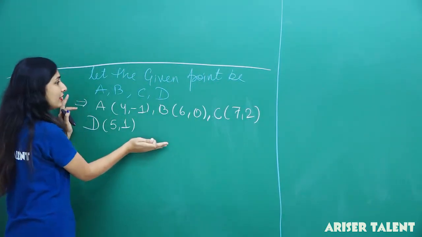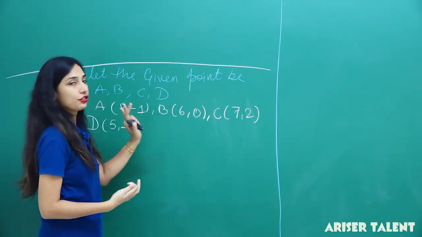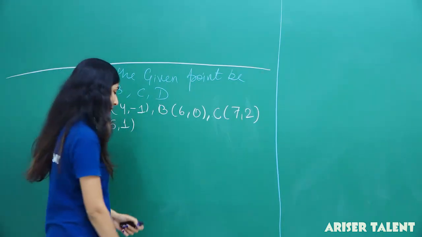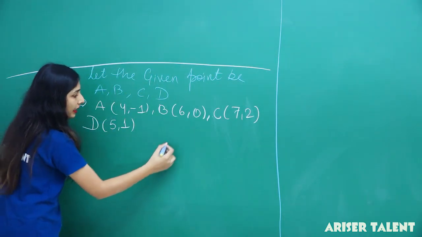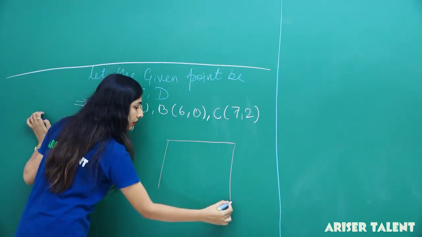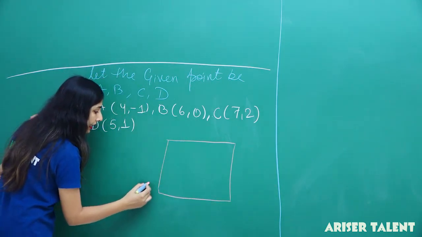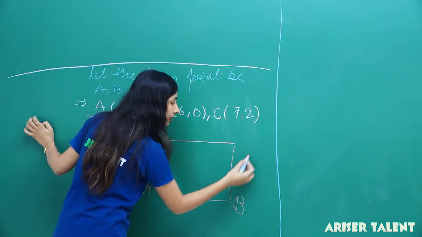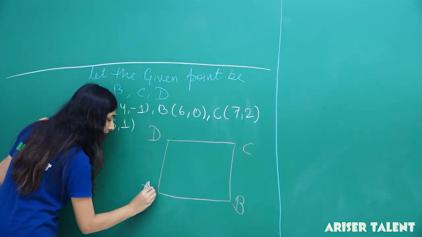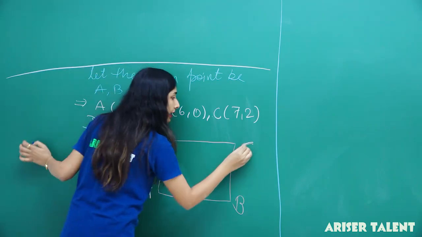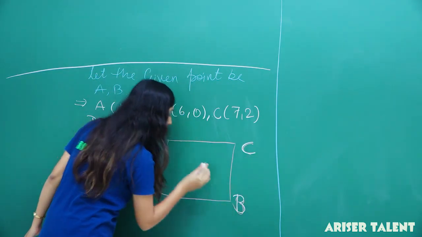Now I have to be with my own words with this question and with my students, right? Okay, so that will be a quadrilateral, that is A here, B here, C here and D here. That is A, that is D, that is C and that is B for sure.